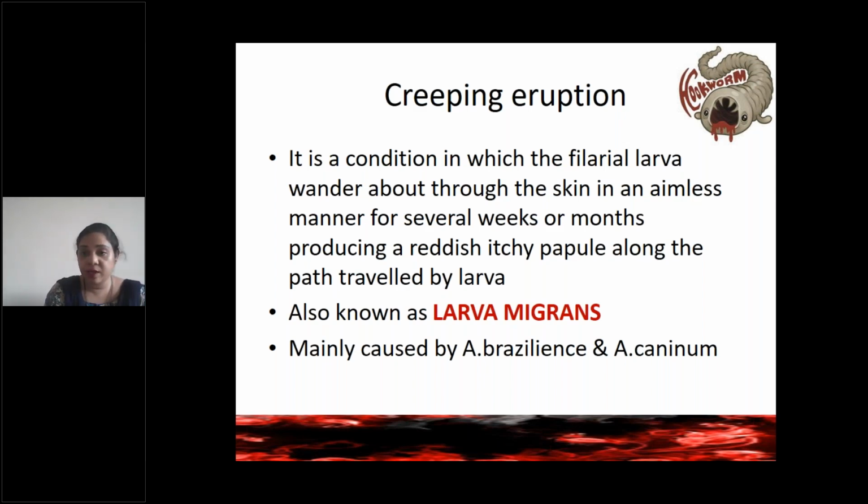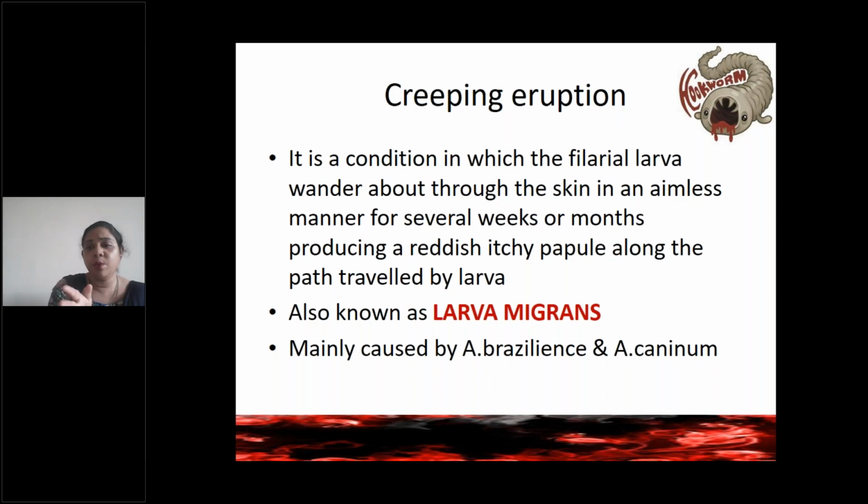Then creeping eruption. It is usually seen when the larva wanders through the skin. It does not enter directly into the original site, but will be moving across the body, this side and that side.